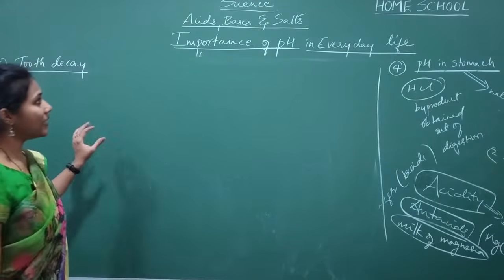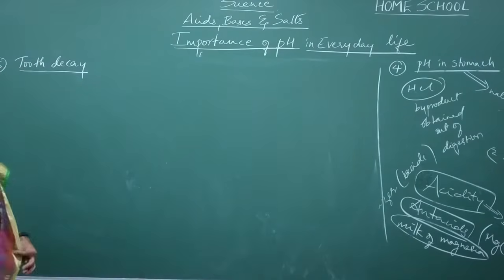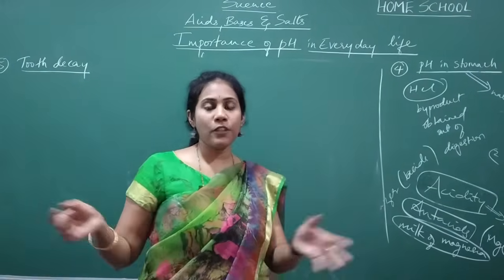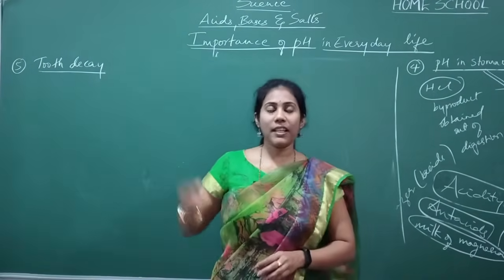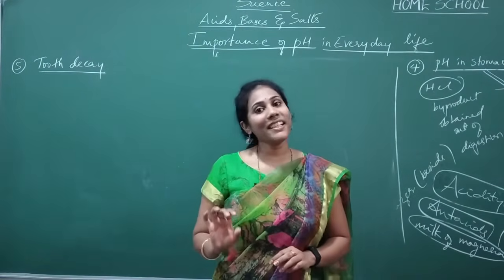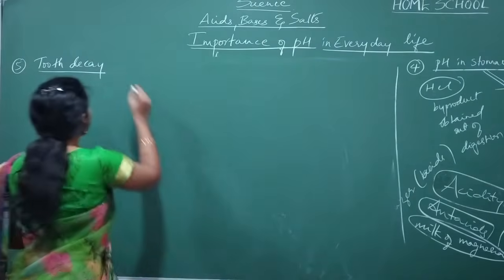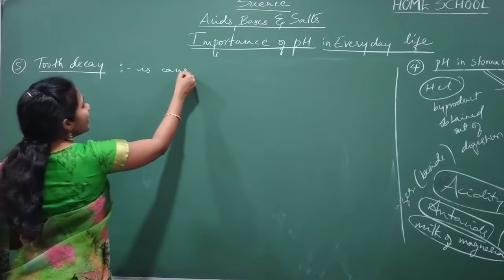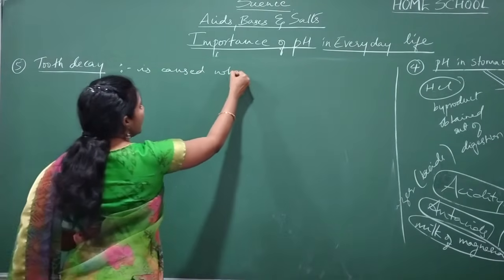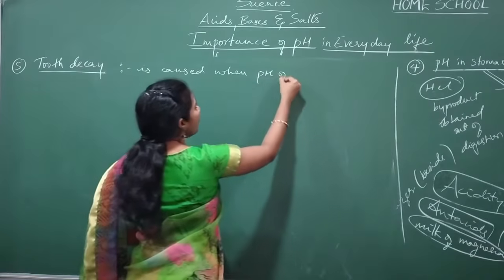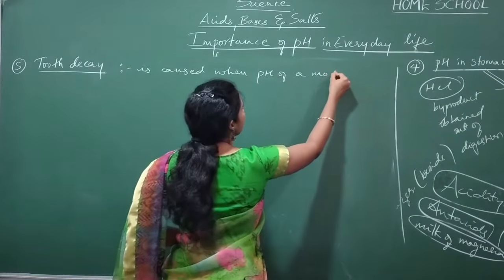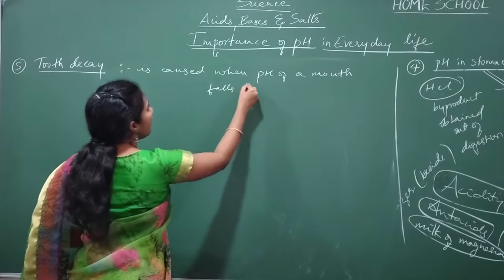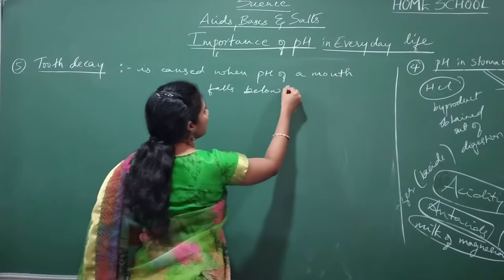The next point that we are discussing under this is tooth decay. So tooth spoilage, tooth decay. Nowadays many of them suffer from tooth decay. So how does tooth decay cause? Remember, tooth decay is caused when the pH of the mouth falls below 5.5.